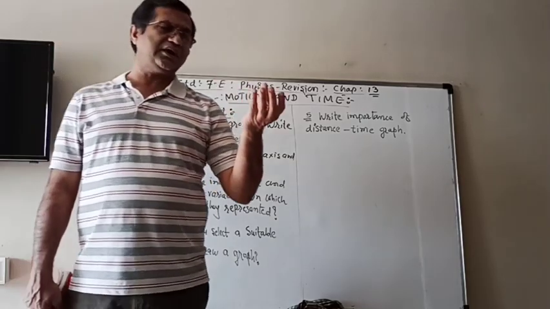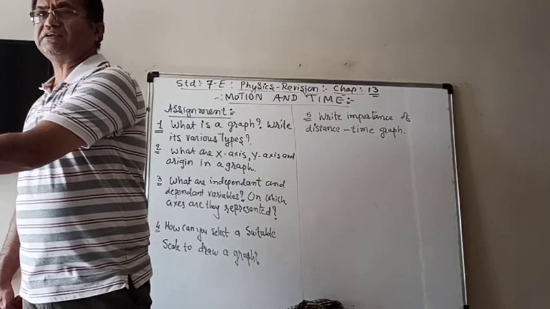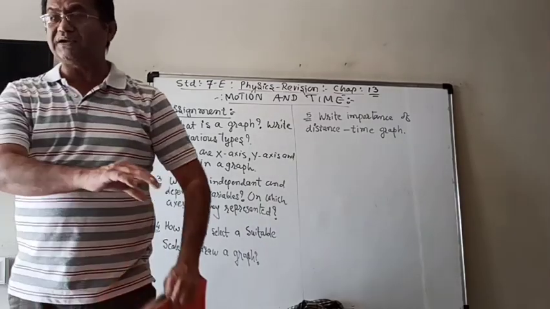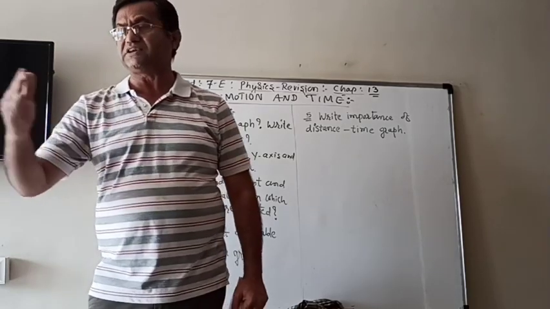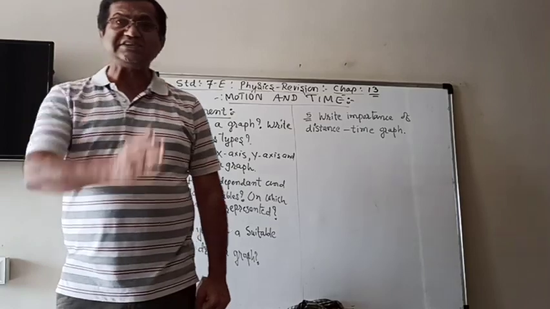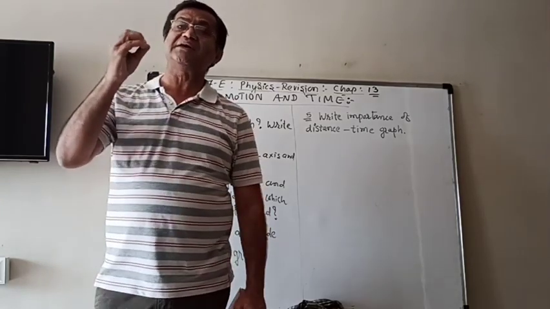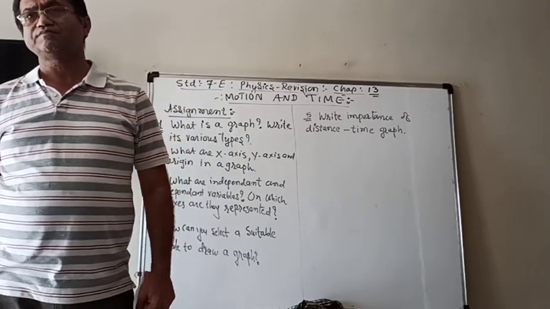If the readings are taken at 8 o'clock, 8:30, 9 o'clock, 9:30, 10 o'clock, then at equal distances on the x-axis we write down the times 8, 8:30, 9, 9:30, 10, 10:30.